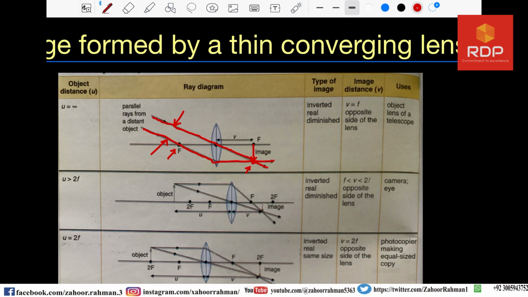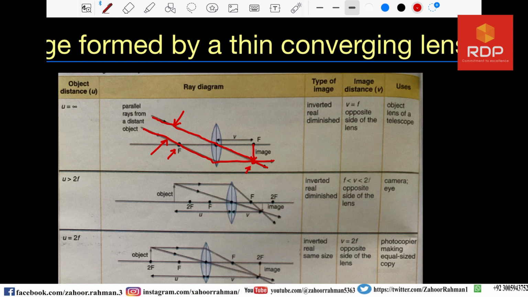At a very large distance, even if the object is of greater height, this situation will diminish the image, and it will be a smaller one, as you can see in this figure.